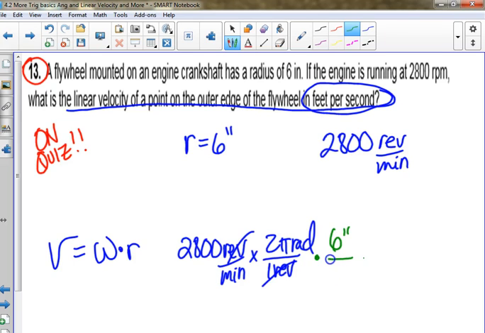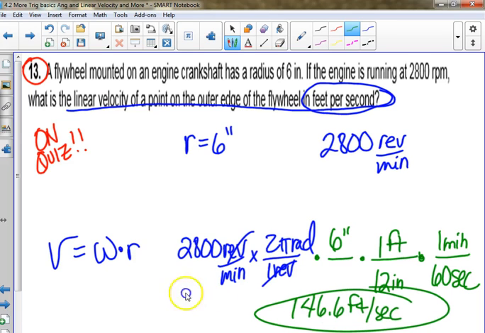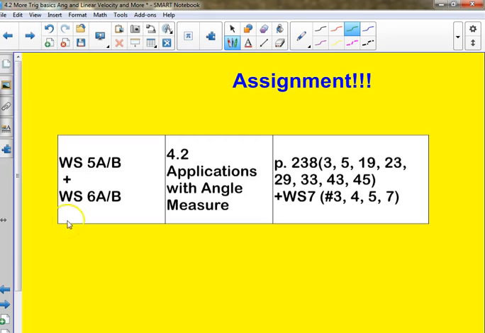But then we have to do a bunch of converting because they want feet per second. 12 inches is 1 foot. And 1 minute is 60 seconds. So 2,800 times 2 pi times 6 divided by 12 times 60, all in the denominator. I got 146.6 feet per second. Yeah. Okay, guys, this is what you need to be working on.